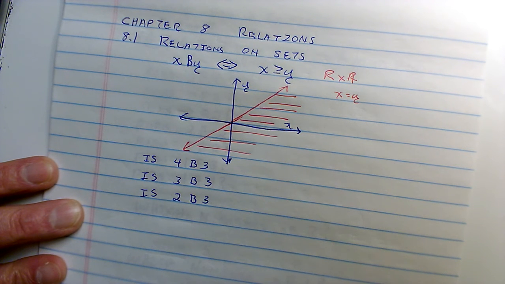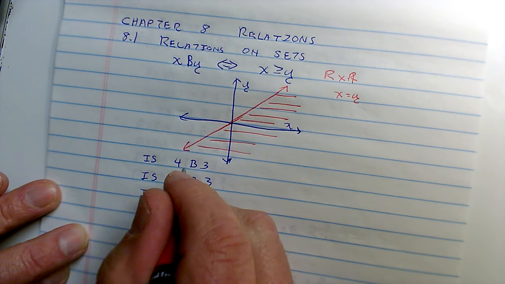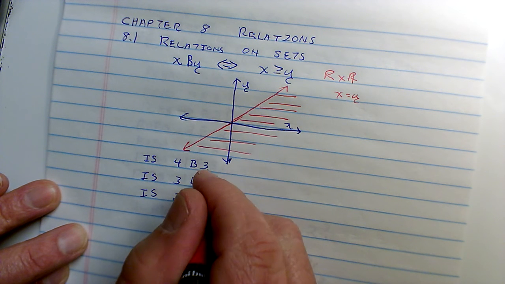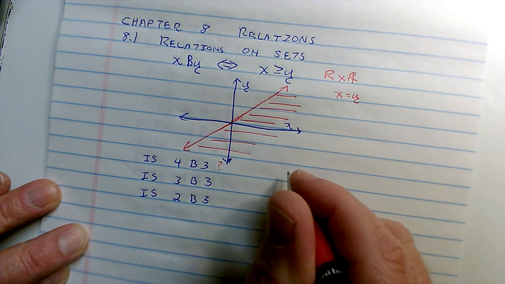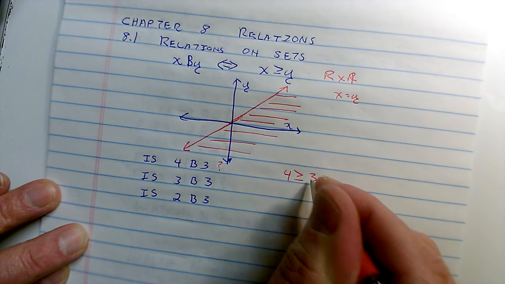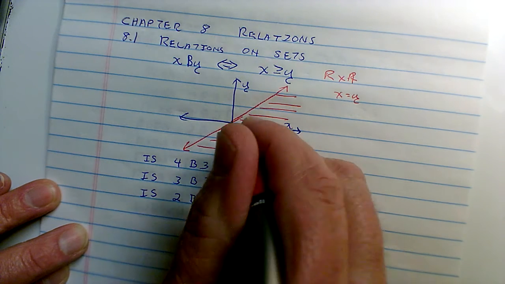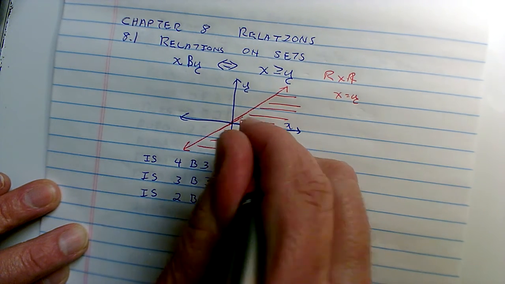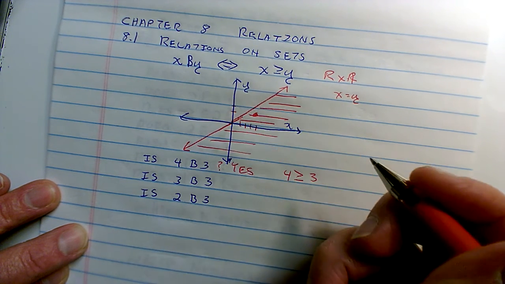Now, using this notation, we can say, is 4 B 3? Well, looking at the relationship here, 4 is greater than or equal to 3, so the answer is yes. And if you look at this, 1, 2, 3, 4, 1, 2, 3, puts this clearly in the shaded region.